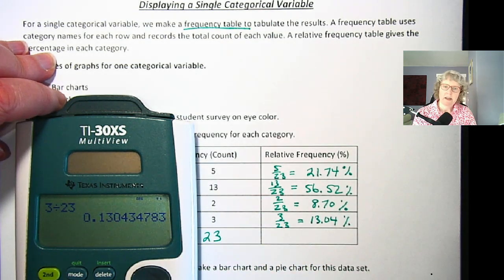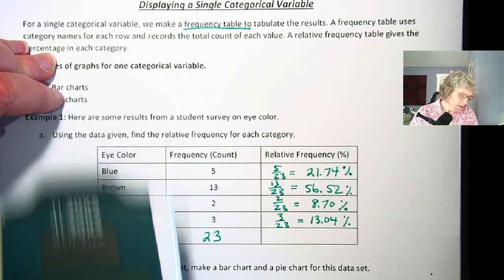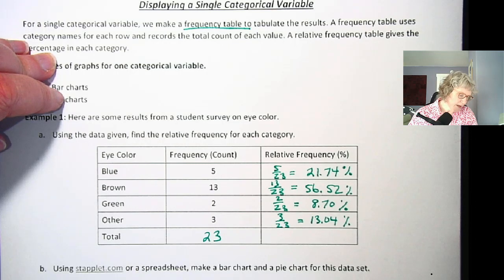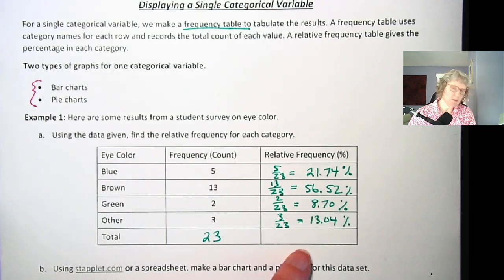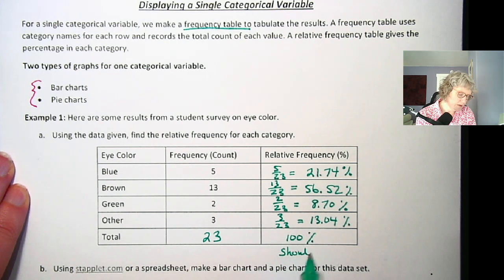Okay, great. And if you haven't yet watched the rounding video and the percent to decimal video, watch those because that gives you more information. It goes slower on those. Now these should add up to 100%, right? Depending on rounding, it could be slightly off, but should be close.